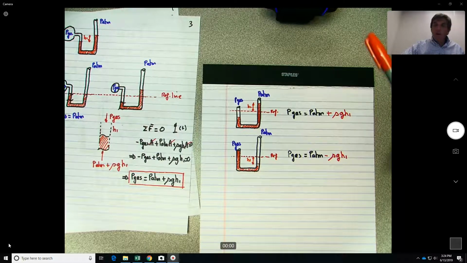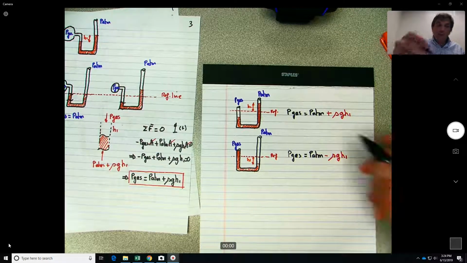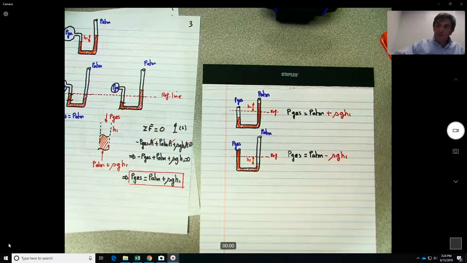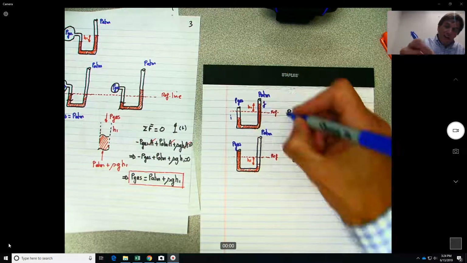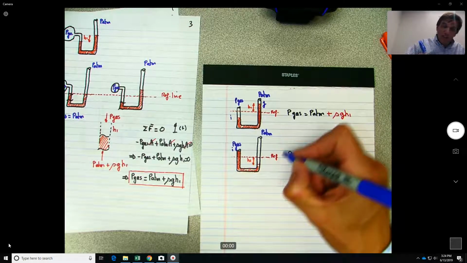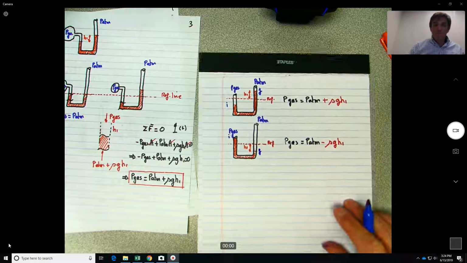So let's try to come up with some type of rule over here. Let's say this side will be the initial, I, and this will be the final.